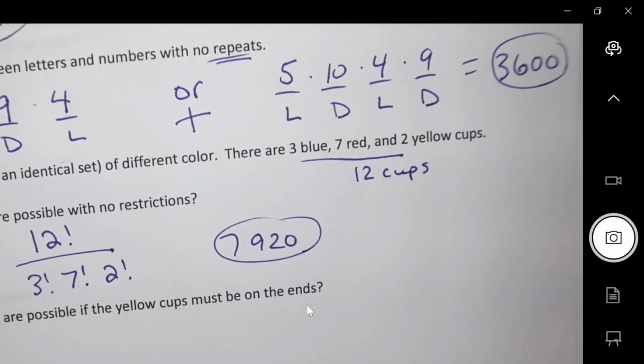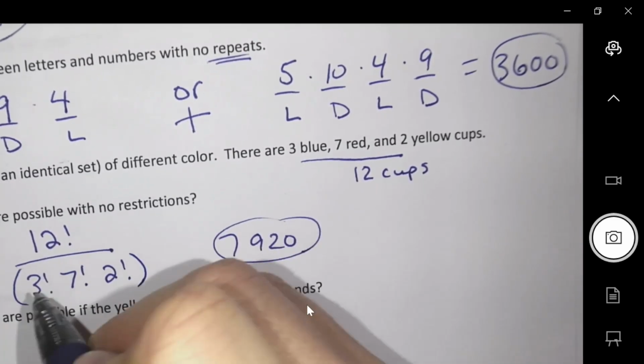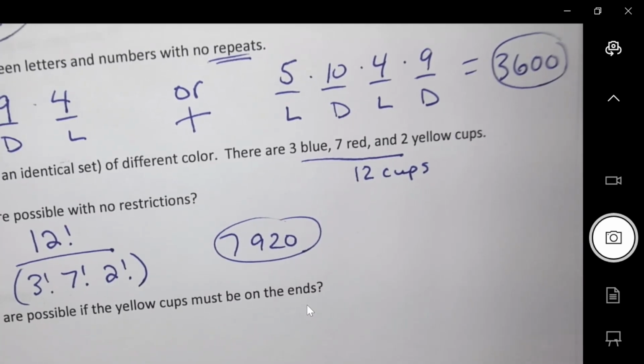So when I did it, I pushed divide by, and then I did that all in brackets.